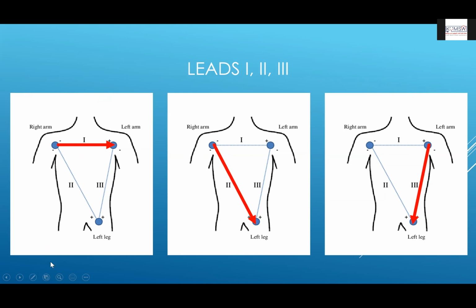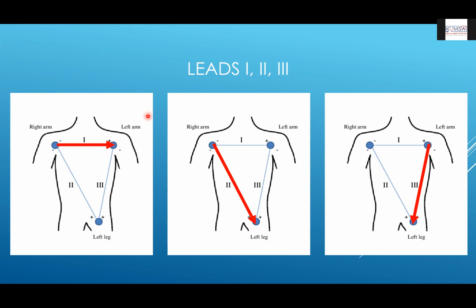What the ECG machine does is that it looks at the electrical activity in the left arm, looks at the electrical activity in the right arm, and then it subtracts what it reads, and it gives you lead 1. So when you look at lead 1, it's like peering through a camera on the left arm, looking towards the right arm. And so any electrical impulse that comes towards you, that's what lead 1 shows. So that's electrical impulse in that sort of plane.